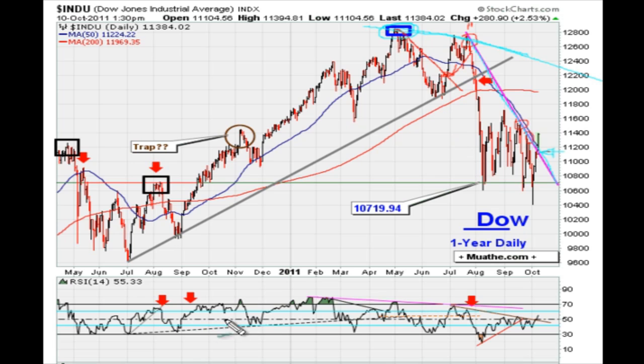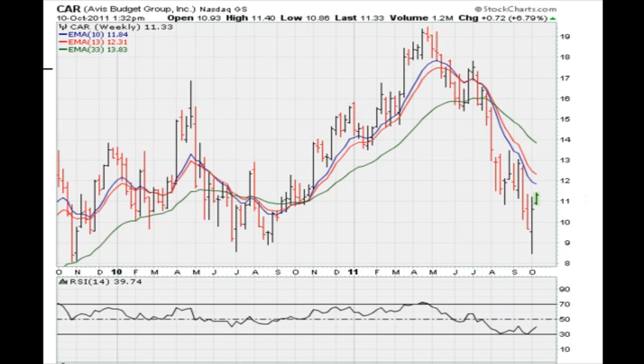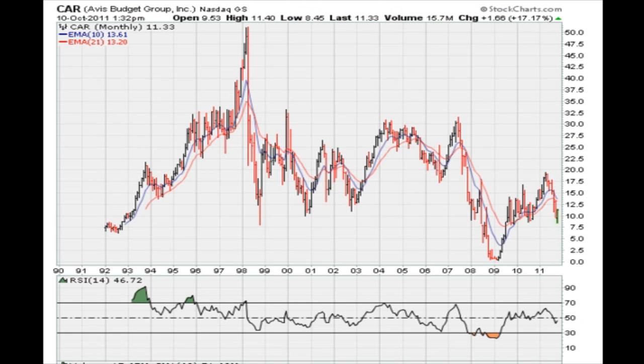Okay, now let me show you just one more chart, because coming off the lows of 2009, I have to go to monthly charts because that's where we see the all-time high. No, it's not a good one. Let me find one that has done great.